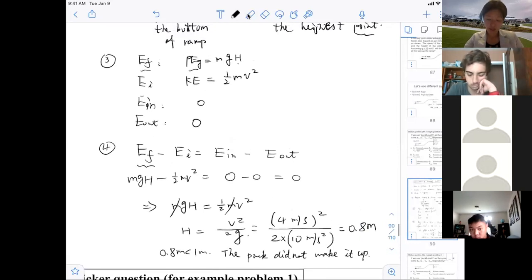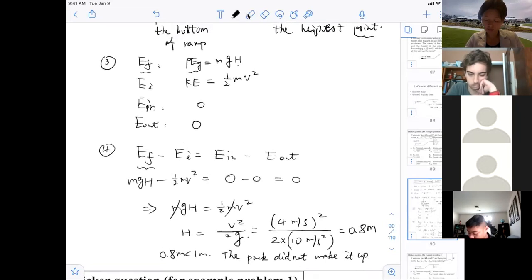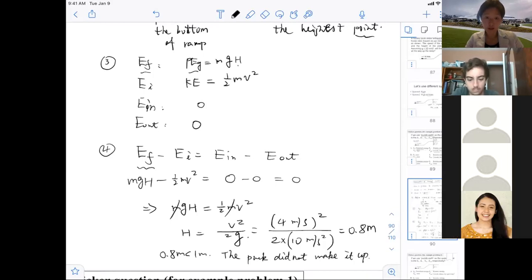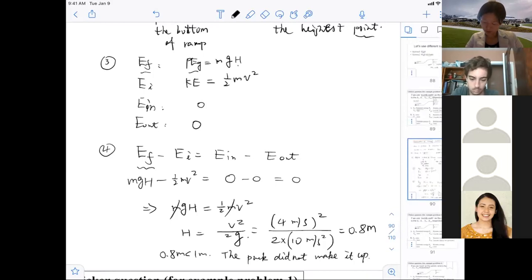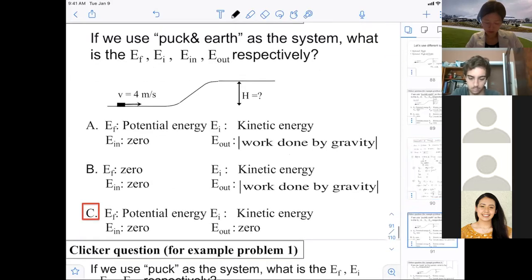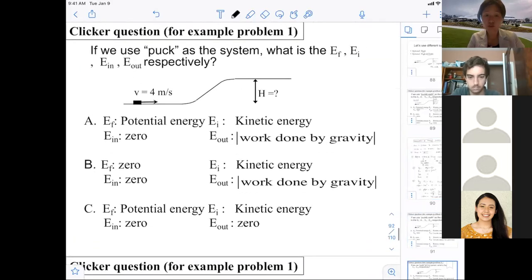Any questions about how we solved this problem here? Does that look all clear? Good. All right, now I'm going to ask us to switch the choice. Now we use the puck as our system. Earth is not included.